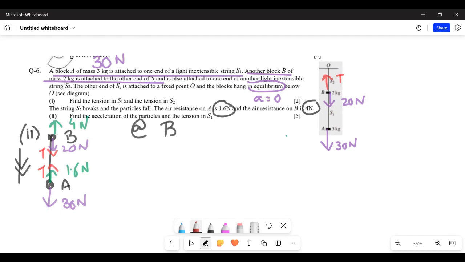Now let's form the equations. At B, I'm going to apply forward force minus backward force equals m a.